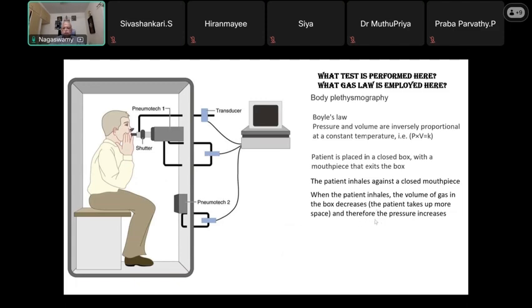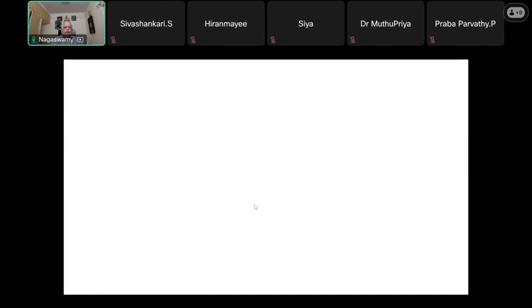Therefore, the pressure increases. So measurement of FRC by body plethysmography is based on the application of Boyle's law, which is P1 into V1 is equal to P2 into V2. So you have to remember the concept that body plethysmography can be used to measure the FRC by this particular procedure.